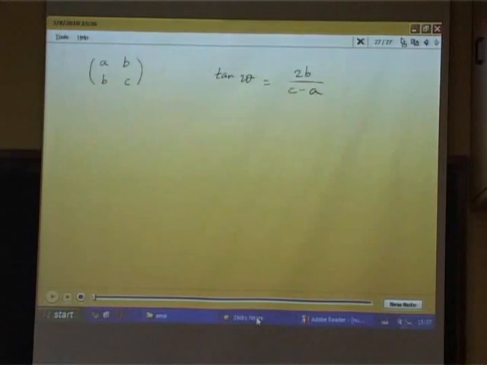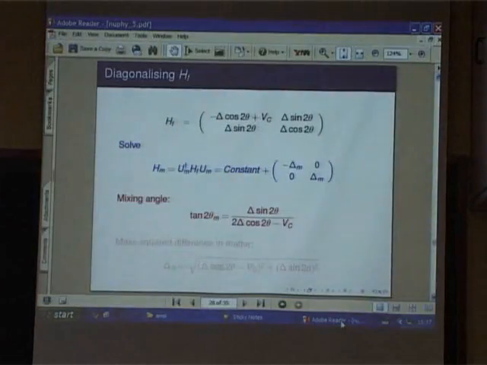So if I have a matrix like A, B, B, C, which is a symmetric matrix, it's a rule of thumb, a quick trick, that the mixing angle required to diagonalize this is always given by tan 2 theta is 2B divided by C minus A. So that's always. Now let's go back and see how it matches with ours.